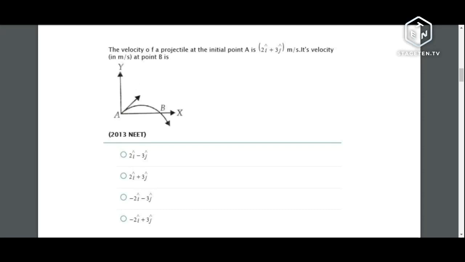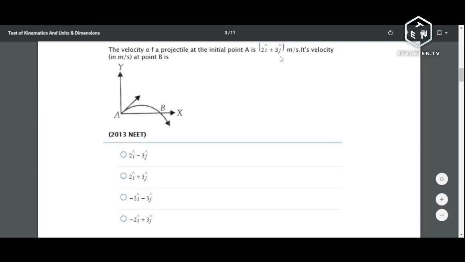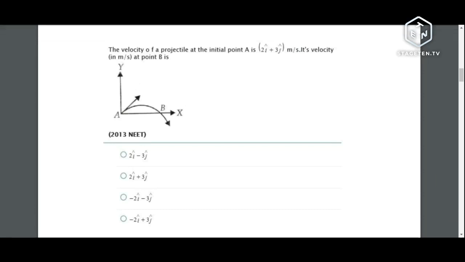As the velocity at point A is 2i cap plus 3j cap, the x component will remain unchanged, so that is 2i cap. The y component is in the opposite direction, that means 3j cap will get reversed and it will be minus 3j cap. So the right answer to this question is 2i cap minus 3j cap. Let's move on to the next one.